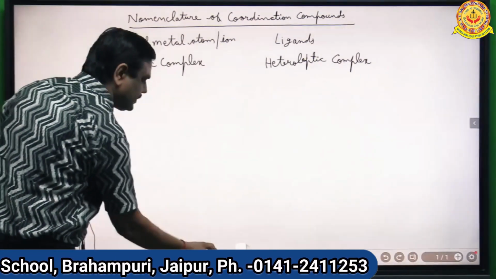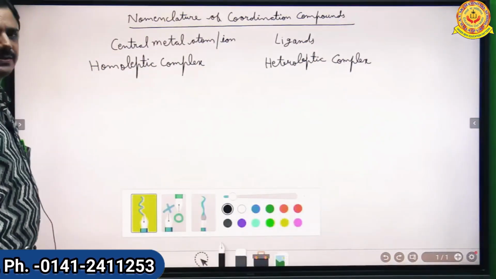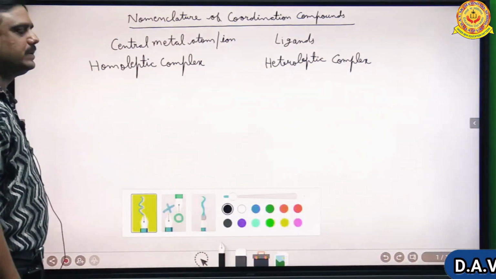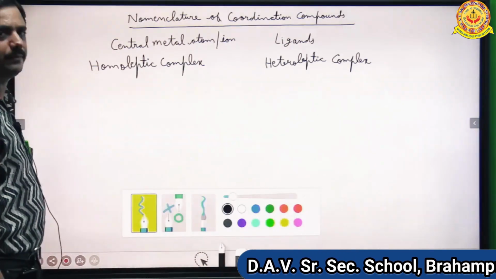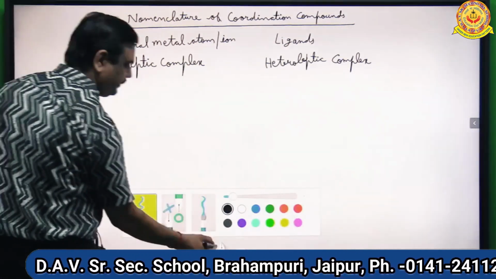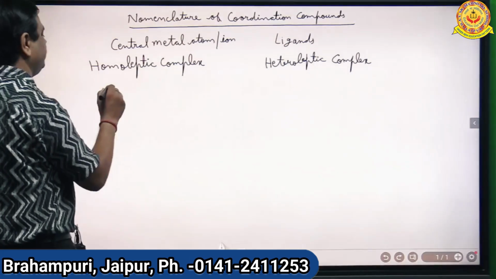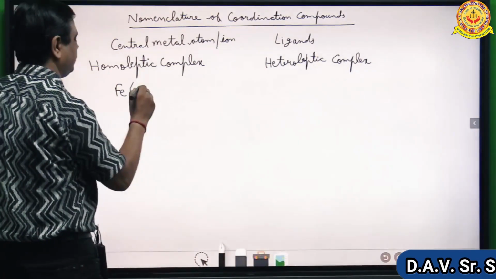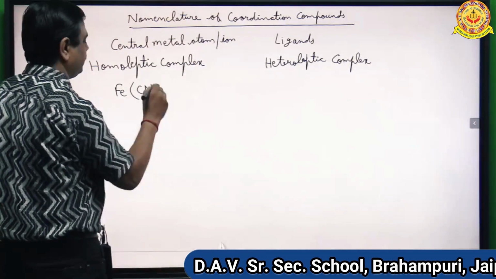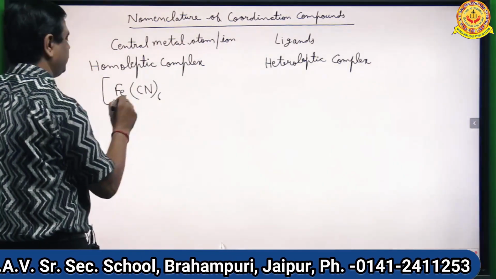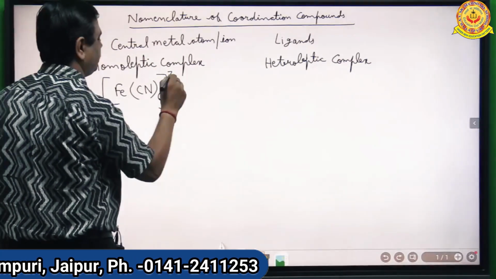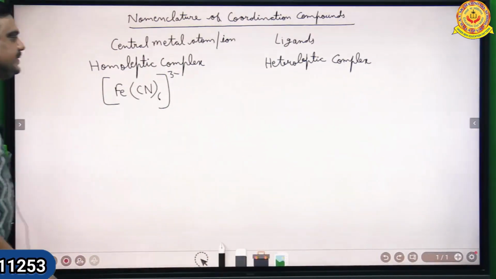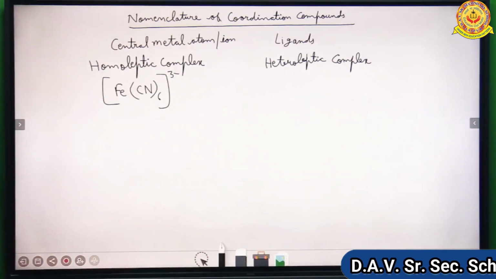Now we will discuss a negative complex, because some rules are different for negative complexes. For example, I can take [Fe(CN)6]3-.